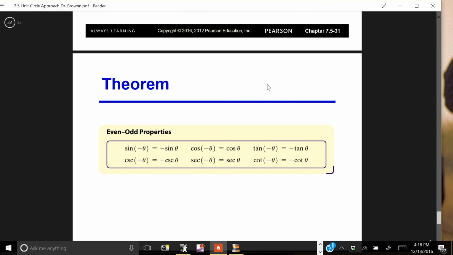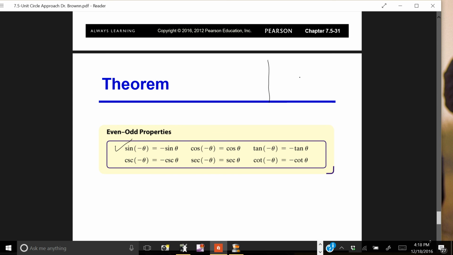Notice that the sine function is an odd function.